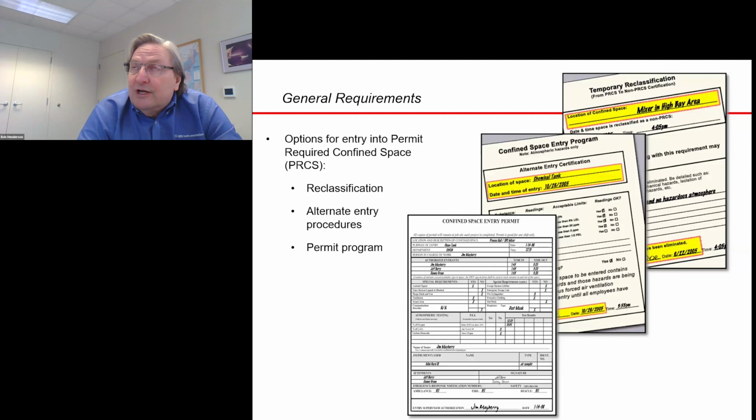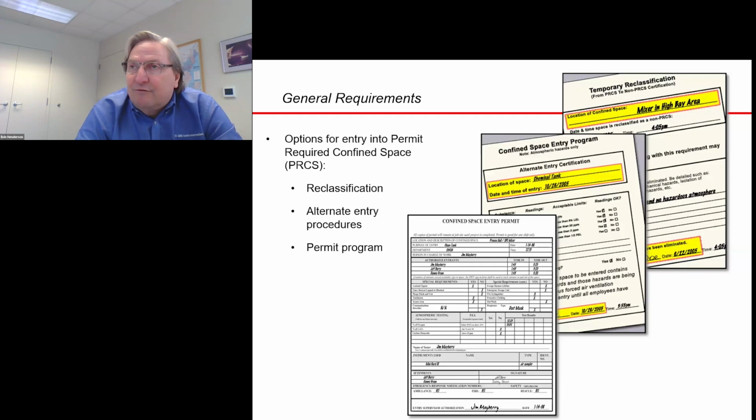If the alternate entry procedures are not available or would not work, or there are additional kinds of hazards present besides atmospheric hazards, and if the environment can't be maintained safe exclusively by the use of forced air ventilation, then what you're going to do is use a permit that addresses specifically what needs to be done in that particular type of confined space.